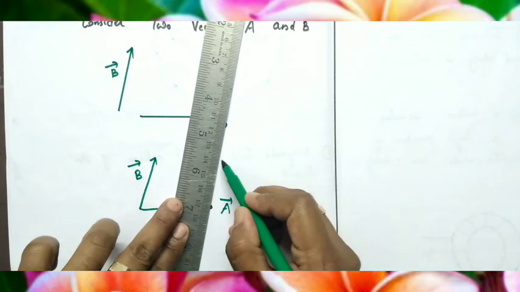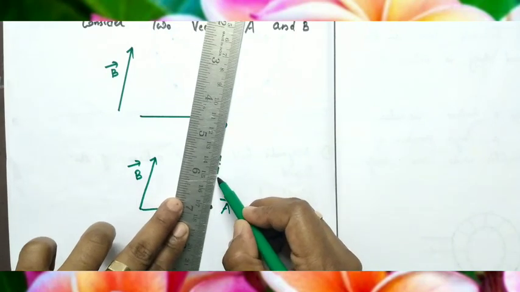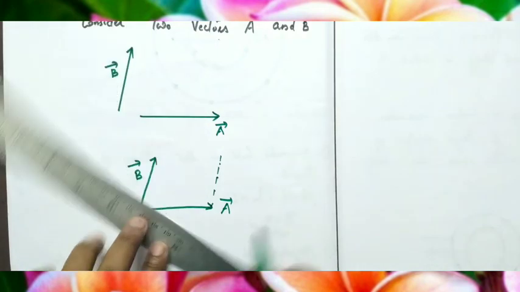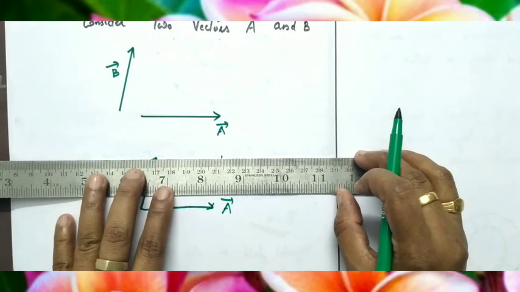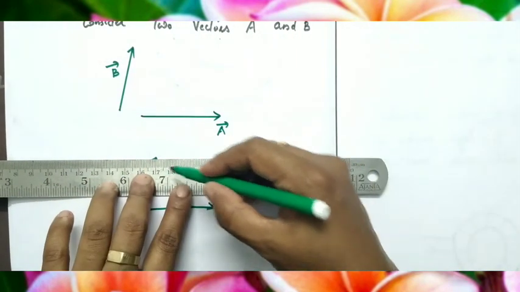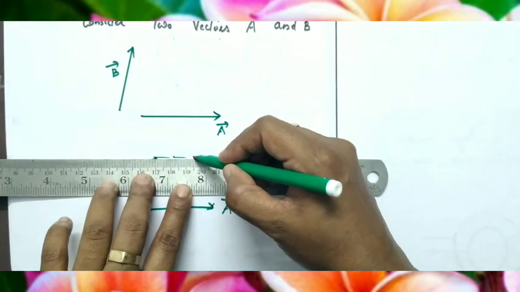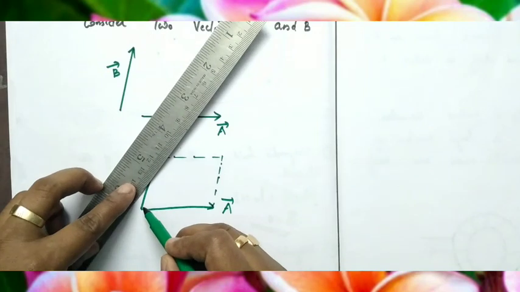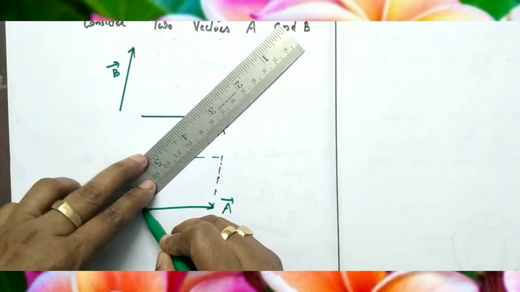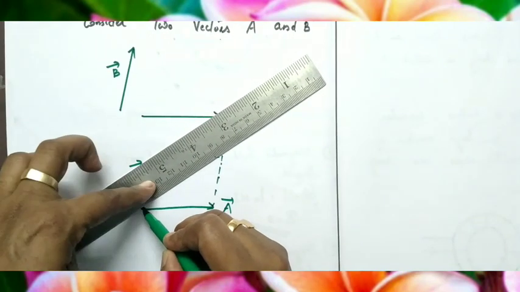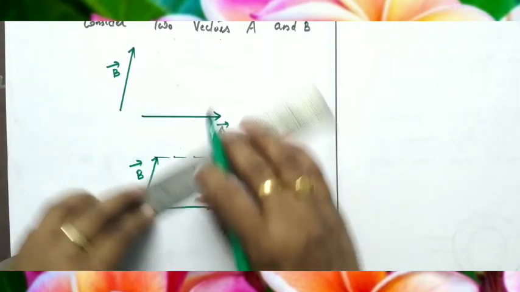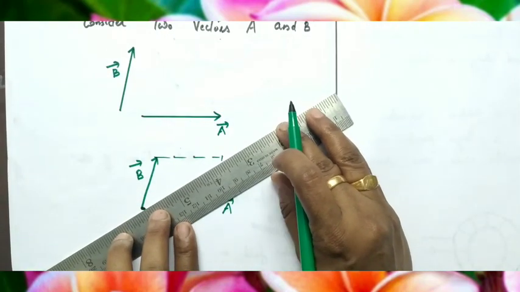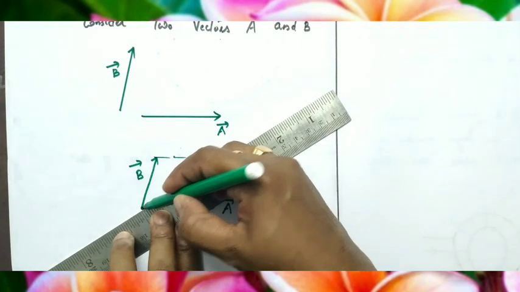We can draw a parallel side here, and here also we can draw a parallel. We can complete the parallelogram. Then according to the rule, the resultant is given by the diagonal of the parallelogram starting from the same point, like this.